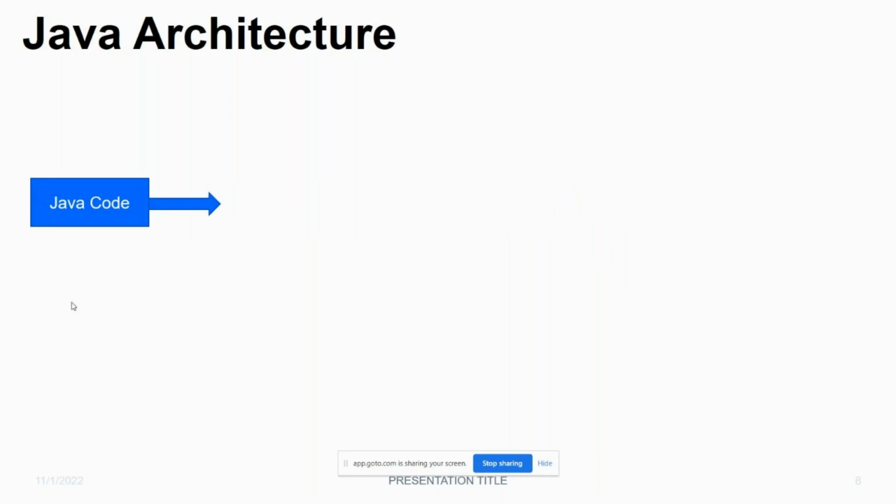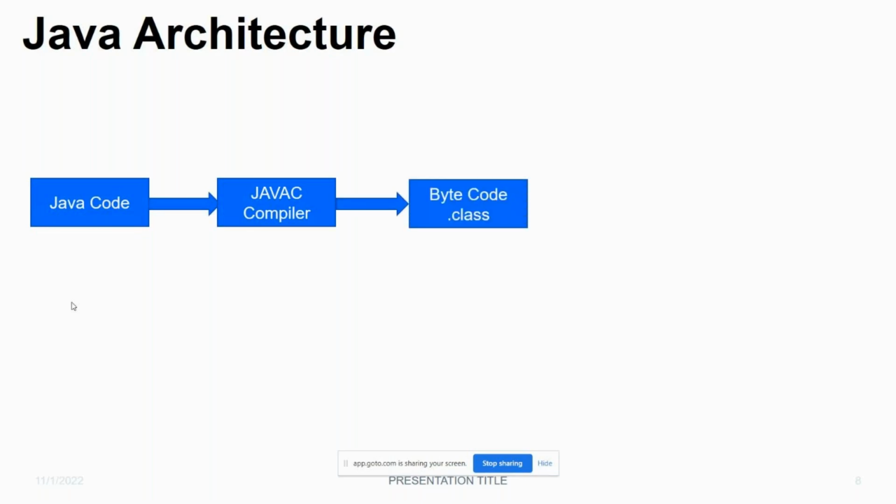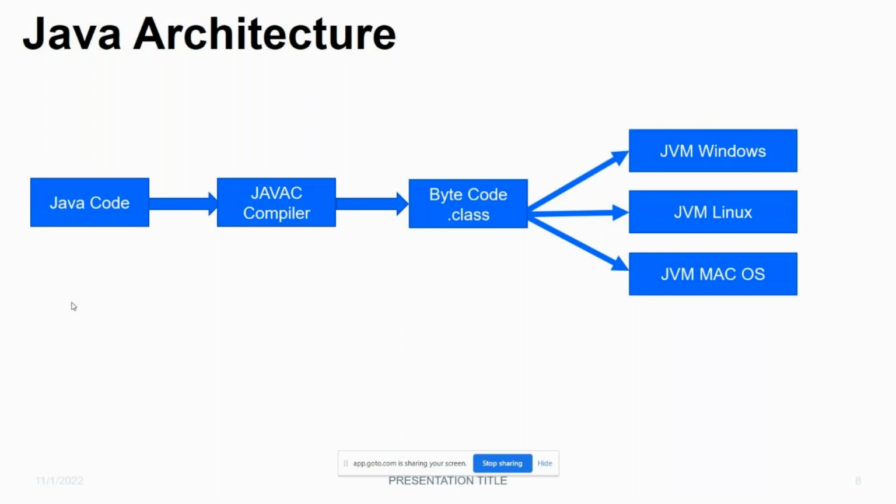Let's try to understand this architecture in more detail. We have written a Java code, okay? We used javac for compiling it, isn't it? And we have seen the bytecode class get generated, and the JVM, that means Java Virtual Machine, is available. That is used according to the operating system that we have in our computers, and the JVM is responsible for giving an output such as hello world or welcome to the training, or whatever it could be.